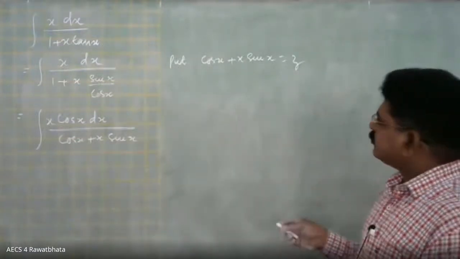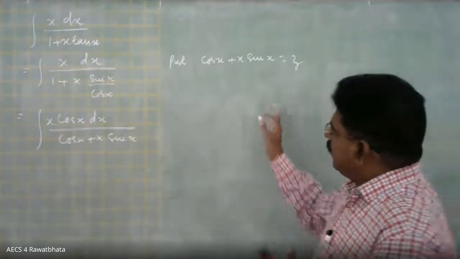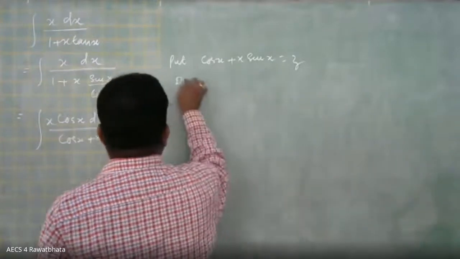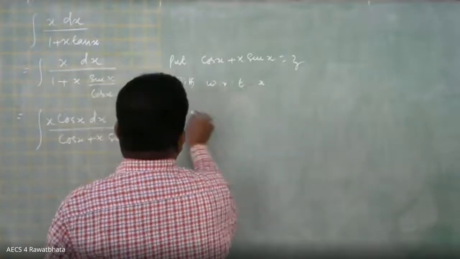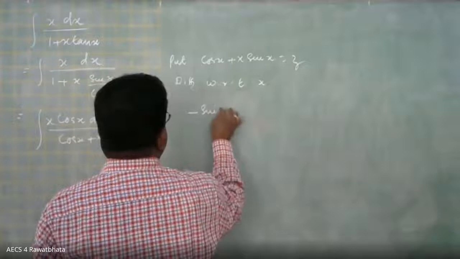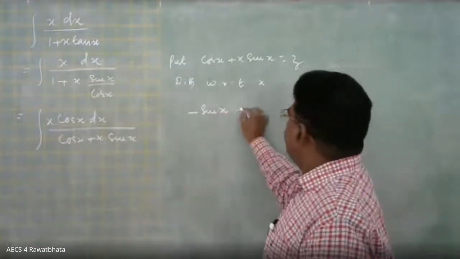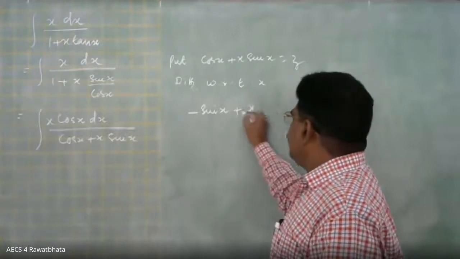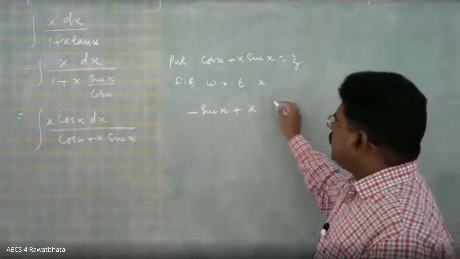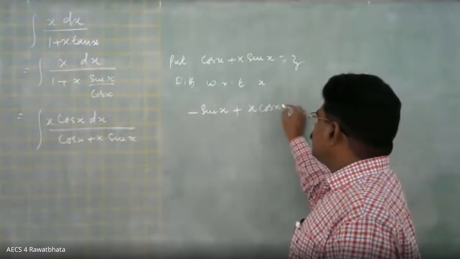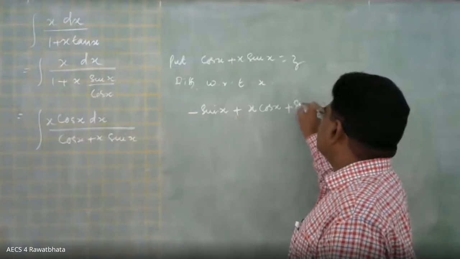Why have we taken this? Differentiation is very simple. Differentiate both sides with respect to x. The differentiation of cos x is minus sin x, plus the first function into the differentiation of the second function, sin x, which is cos x, plus sin x.